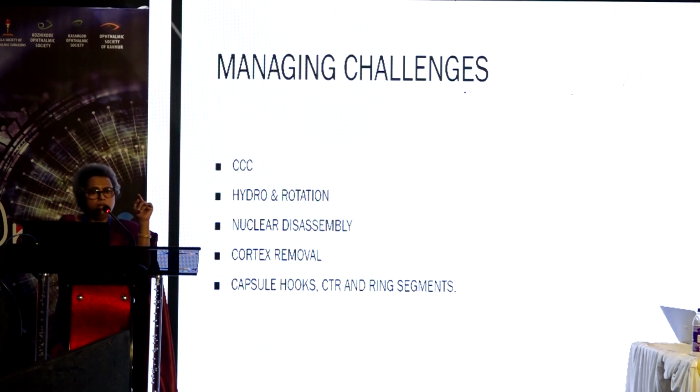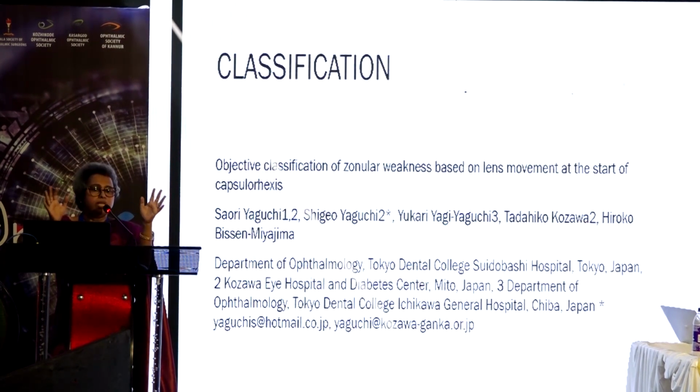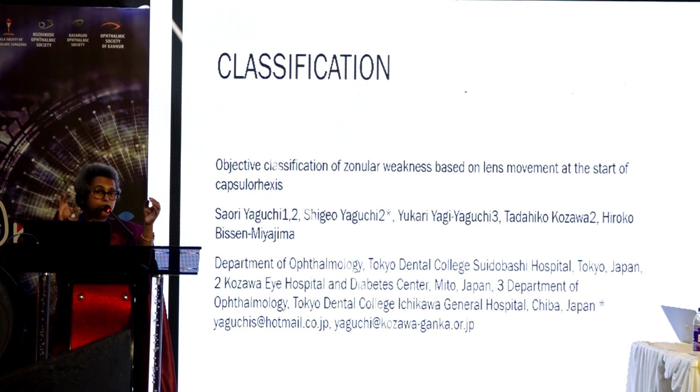Hydrodissection can be pretty normal, but when it comes to rotation of the nucleus, try to bind the zonulopathy using capsular hooks, CTRs and ring segments, etc. So you should have these in place. The hardware has to be there in the OT, but many times, because you are not anticipating this case in your pre-op evaluation, you may not have these things.